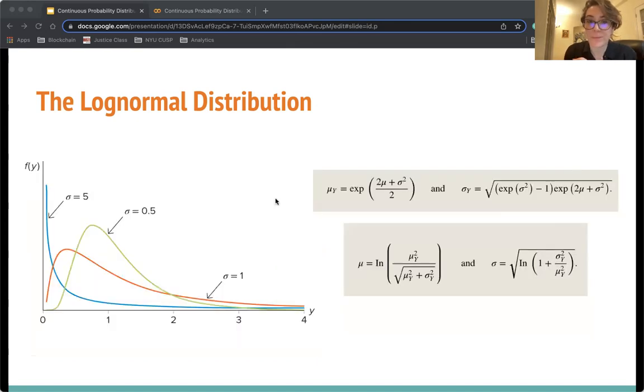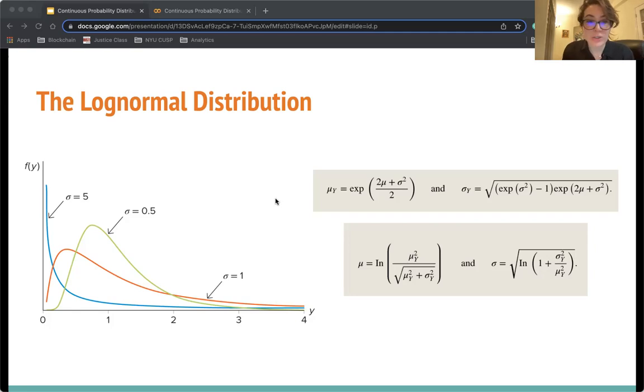The graphs here show the shape of the log normal density function based on various values of the standard deviation. So as the standard deviation becomes smaller, the log normal distribution starts to actually just resemble the normal distribution. And the mean and the variance of the log normal random variable y are related to the mean and the standard deviation of the corresponding normal random variable x.